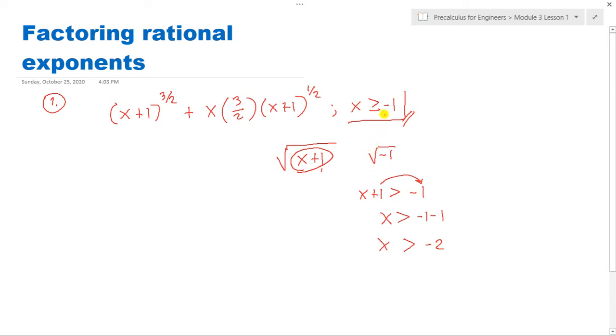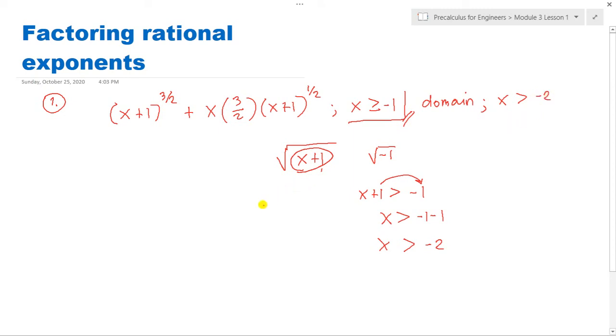So here in this book, it says x greater than or equal to negative 1. But actually, its domain is read differently: x should be greater than negative 2.